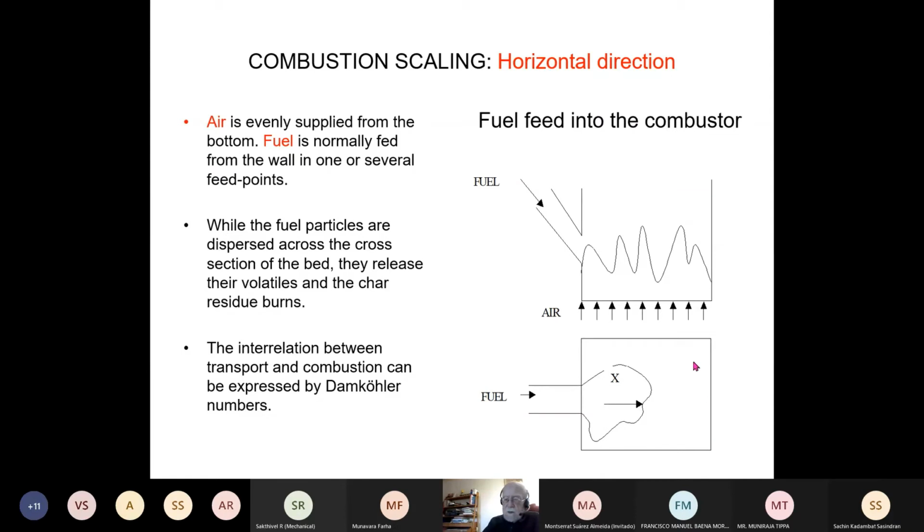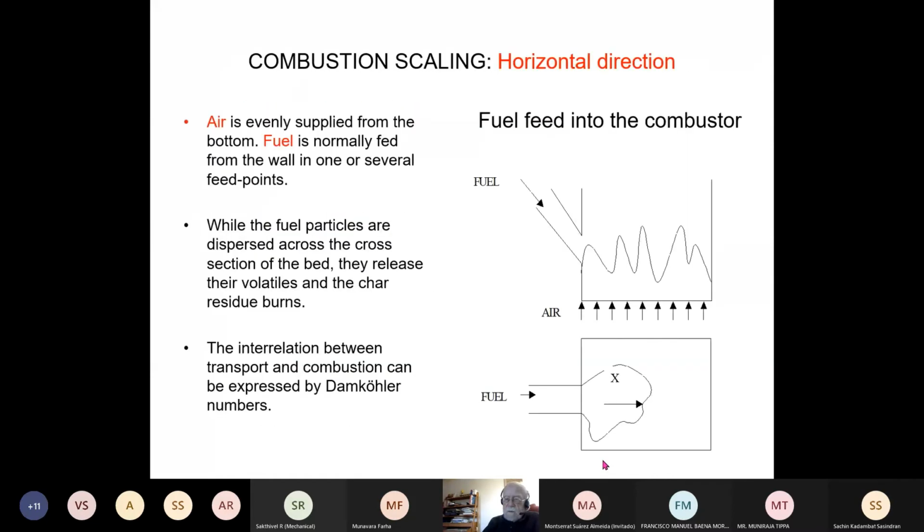There is oxygen outside here, but the problem then is that the sulfur is released during the devolatilization or partly during the combustion of the fuel. So it may be released where the amount of oxygen is not sufficient. And that is not so noticeable in a small plant, but it is noticeable in a large plant.